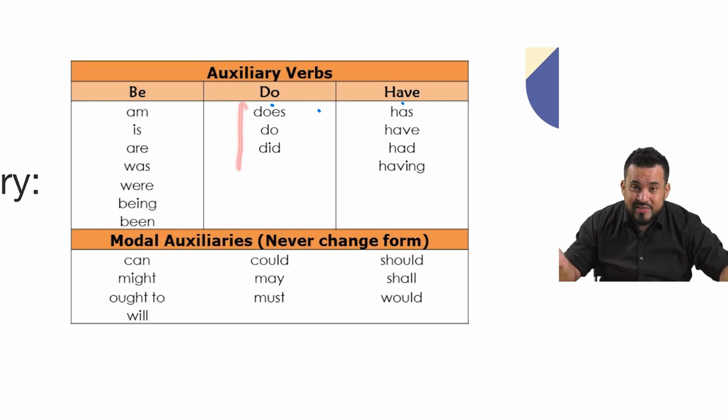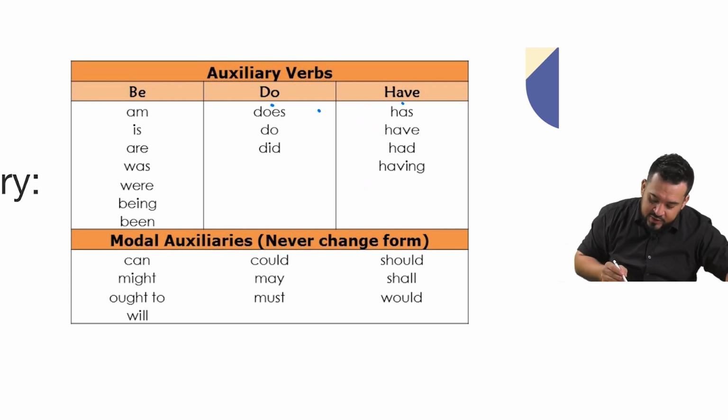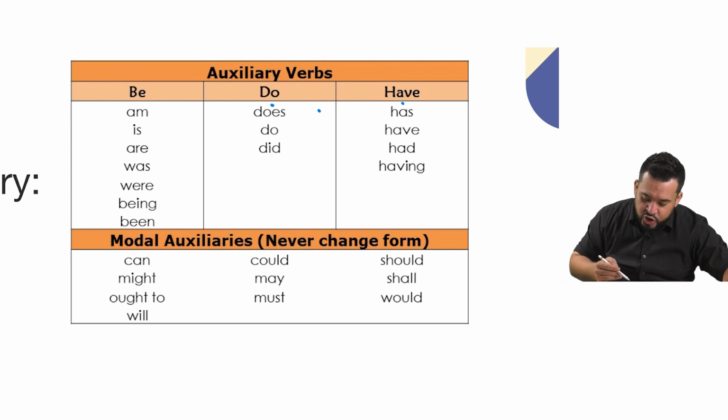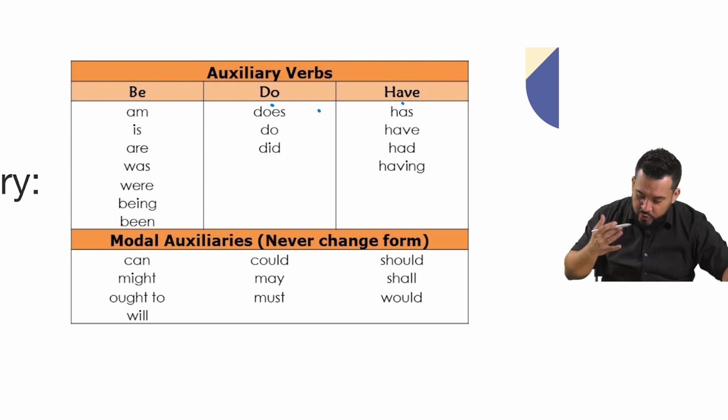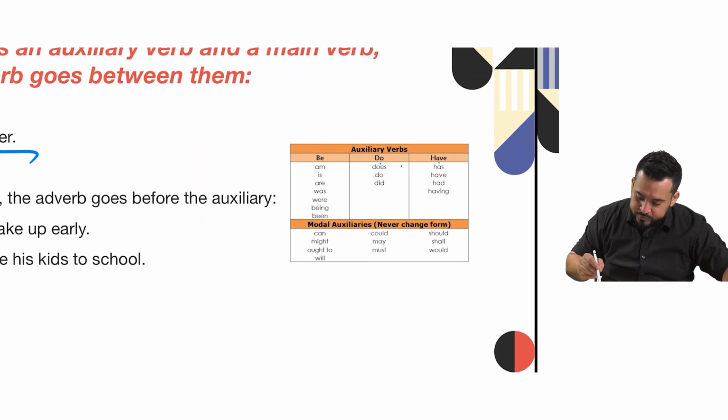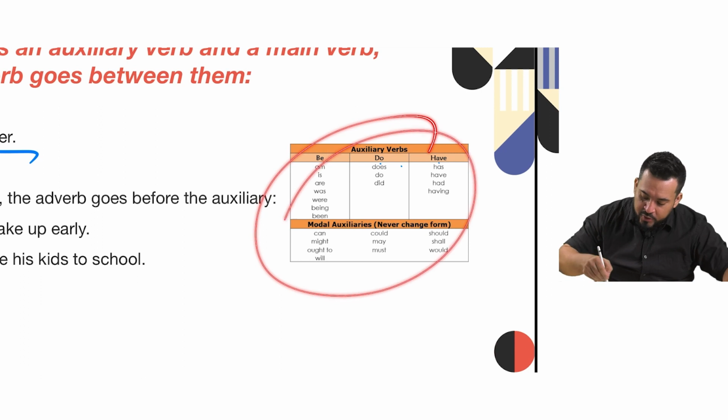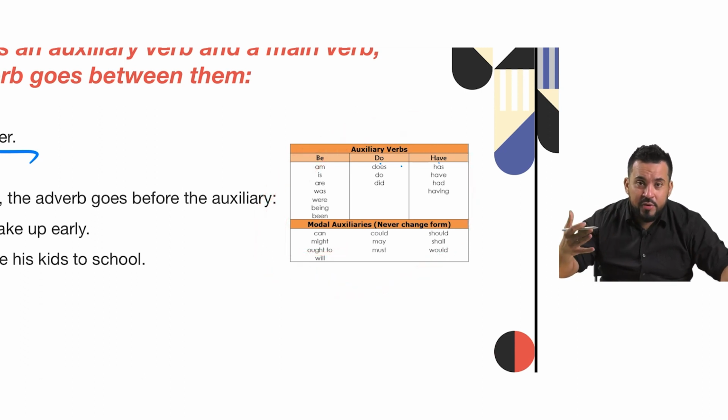Do, does, did. Have, has, had. Those are the 3 families, and then modals are the last family of the auxiliary verbs, which is can, could, shall, should, may, might, will, would, must. Those are called your modals. Okay, so these are the modals. Read them, familiarize yourself with them.